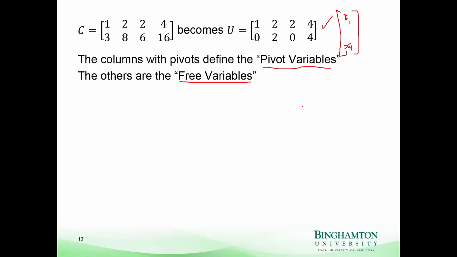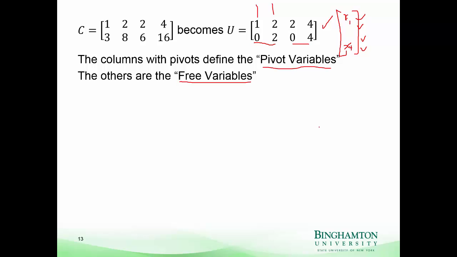When we're talking about the pivot variables, since these are the pivot columns, x1 and x2 will be the pivot variables because they multiply the pivot columns. And then in this case, x3 and x4 will be the so-called free variables.